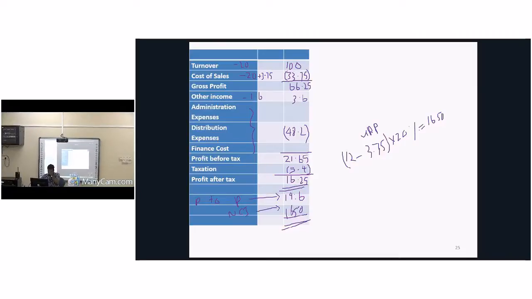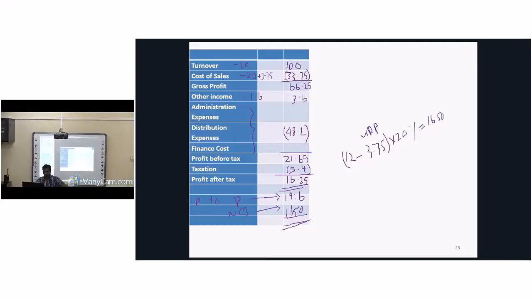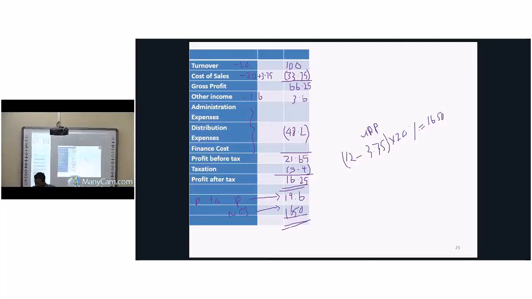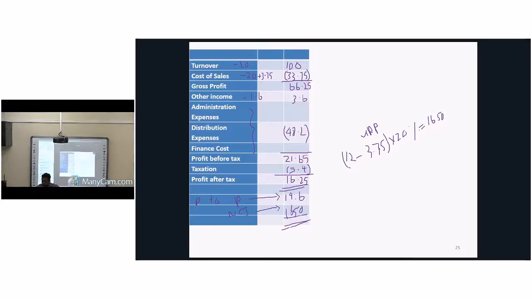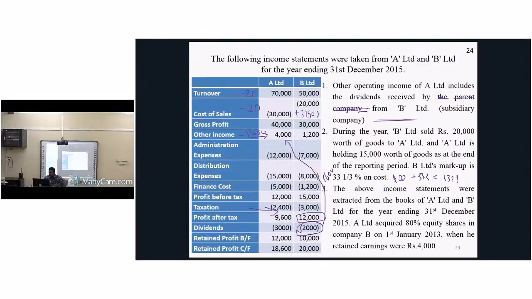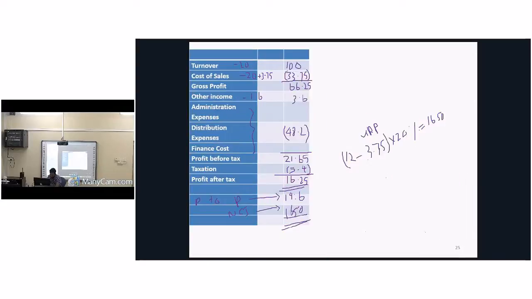14,600 to parent. How to get 14,600? Parent's profit, how much was it? 9,600, this one.